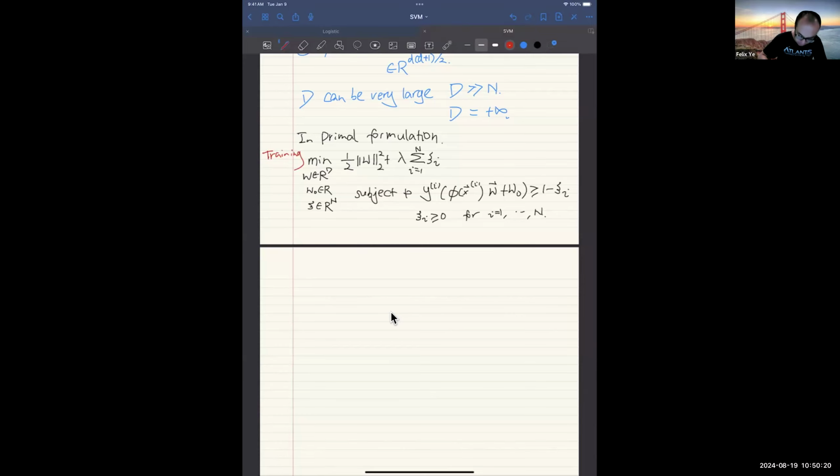In terms of prediction, we know the solution W star. I think we already showed that this becomes a summation from i from 1 to n of alpha i, y_i, and phi of x_i.